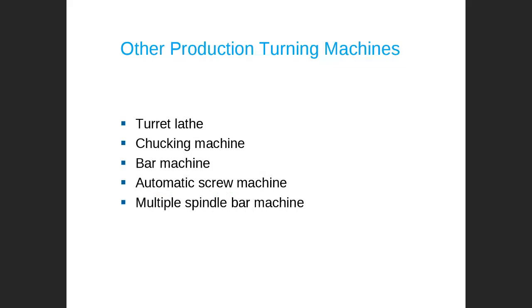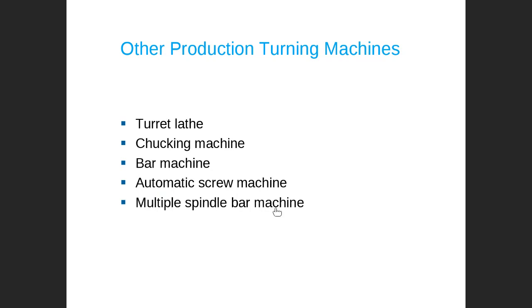There are some lathe machines with a little bit different features. We call them a turret lathe, chucking machine, bar machine, automated screw machine, multiple spindle bar machine.